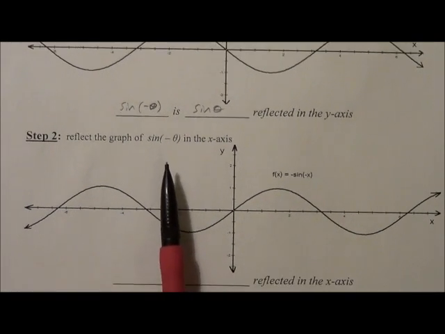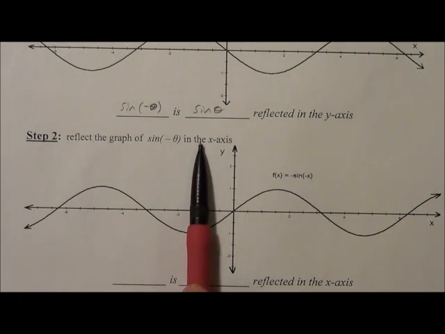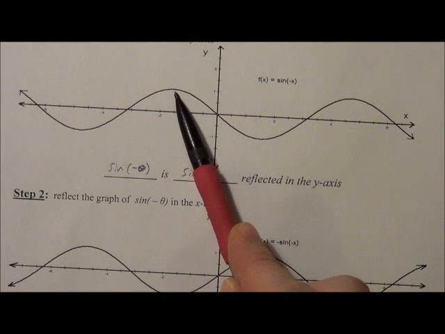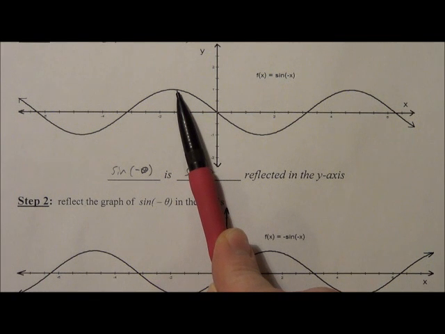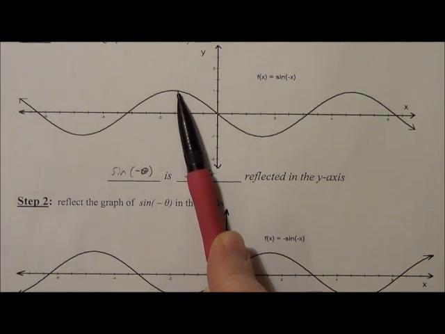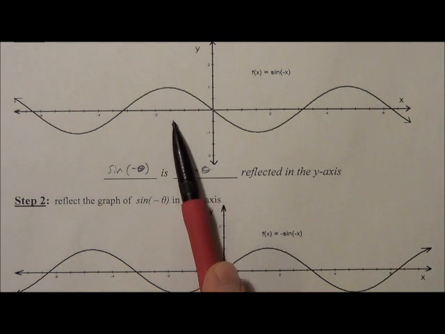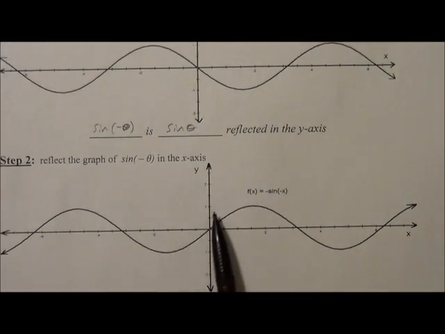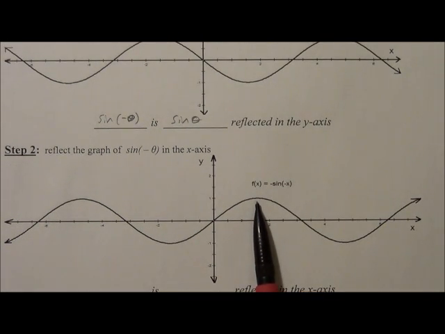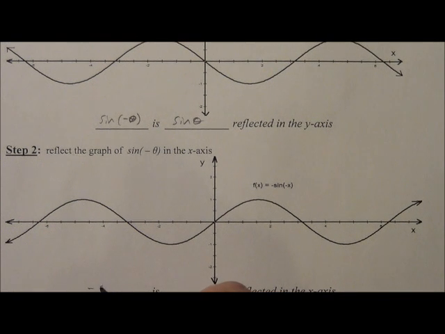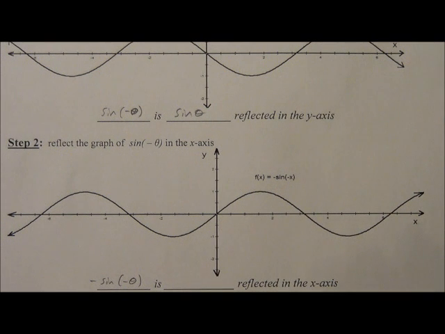Then, if we reflect the graph in the x-axis, the whole graph gets reflected in the theta axis, and this maximum comes down to become a minimum, and then this minimum flips up and becomes that maximum there. So then negative sine of negative theta is sine of negative theta reflected in the x-axis.